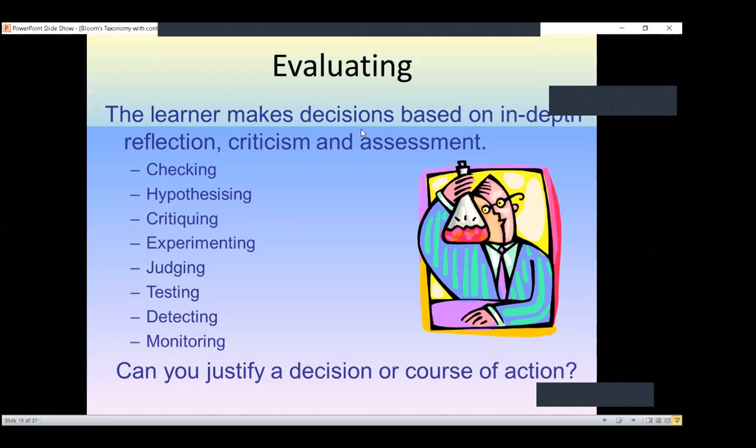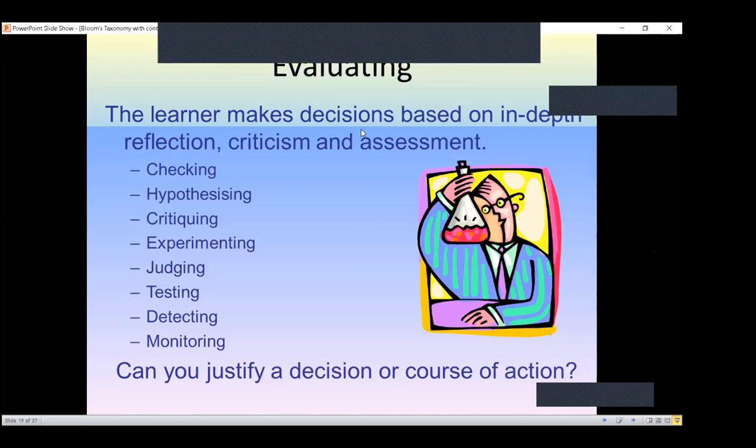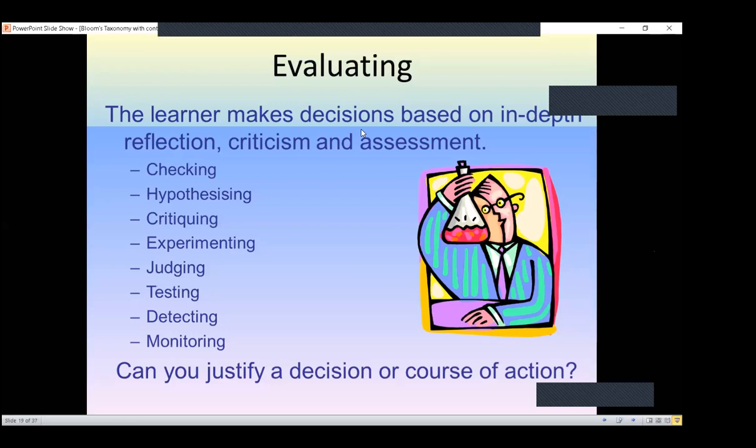So if you say, okay, this is only applicable for maybe the science stream, what about other streams? What about the commerce stream? What about the arts stream? What do you feel, can we develop evaluating in any stream? Yes, definitely.